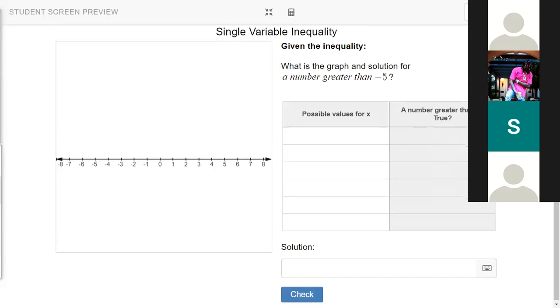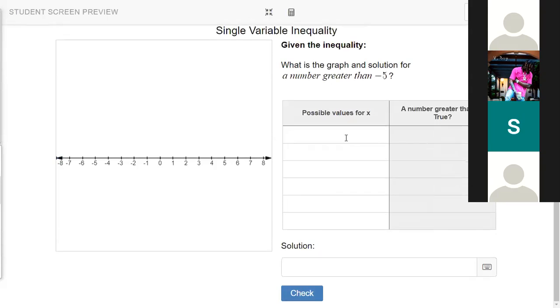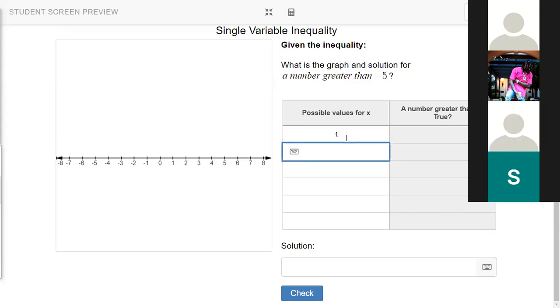So what are some numbers that are greater than negative 5? What are some numbers greater than negative 5? Mary Jane, what do you think? 4. All right, 4.